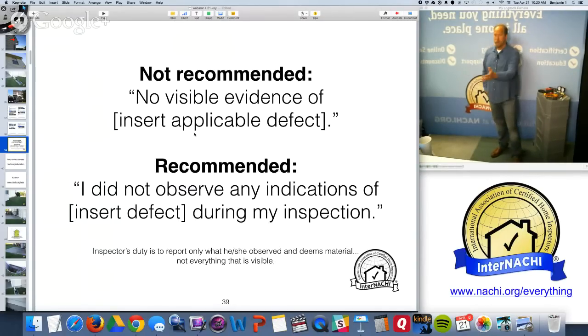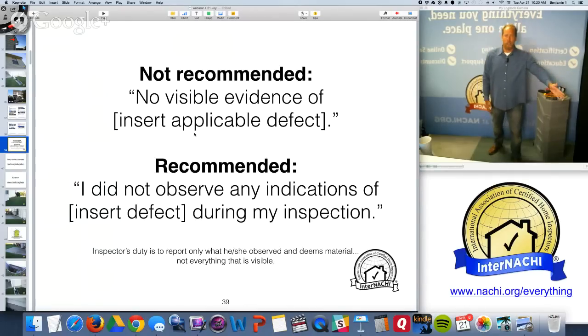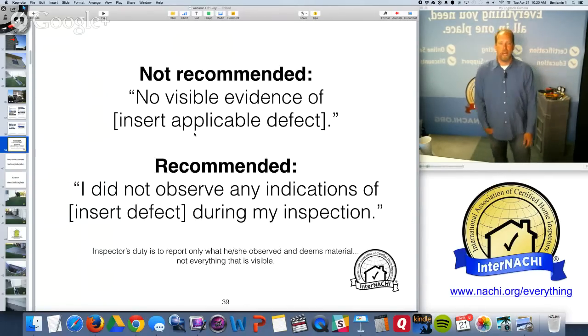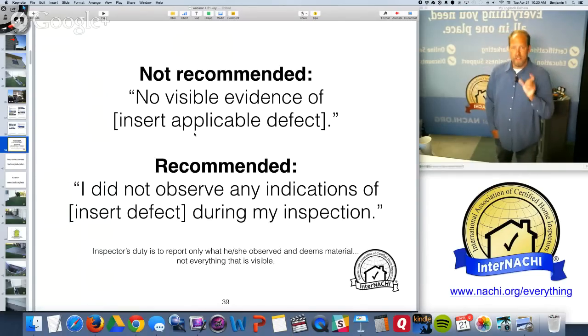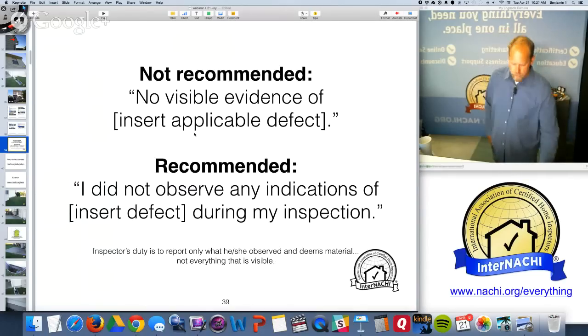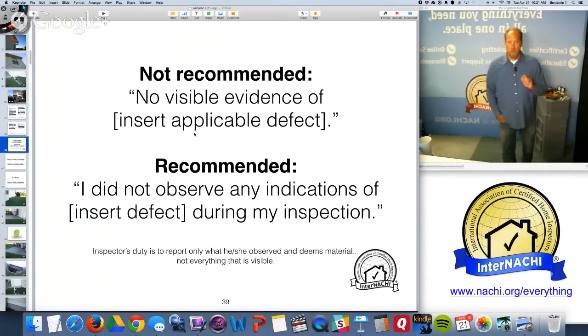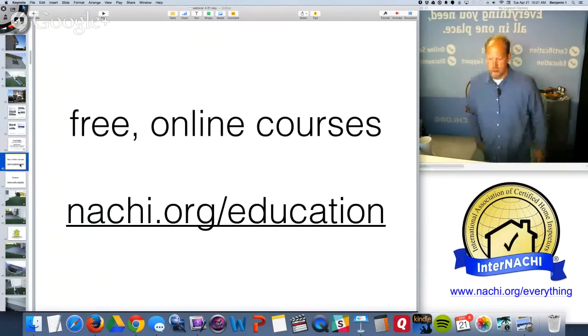So if you say no visible evidence, evidence means that evidence was there, it's going to stay there. It'll always be there during your inspection, before your inspection, after your inspection, right? So you really want to say that I did not observe any indications of, indications connotes it could change. I did not observe any indications of defect during my inspection. So that's a recommended phrase. And remember, your duty is to report only what you observe and deem material, not everything that's visible. So there's a little recommendation there.